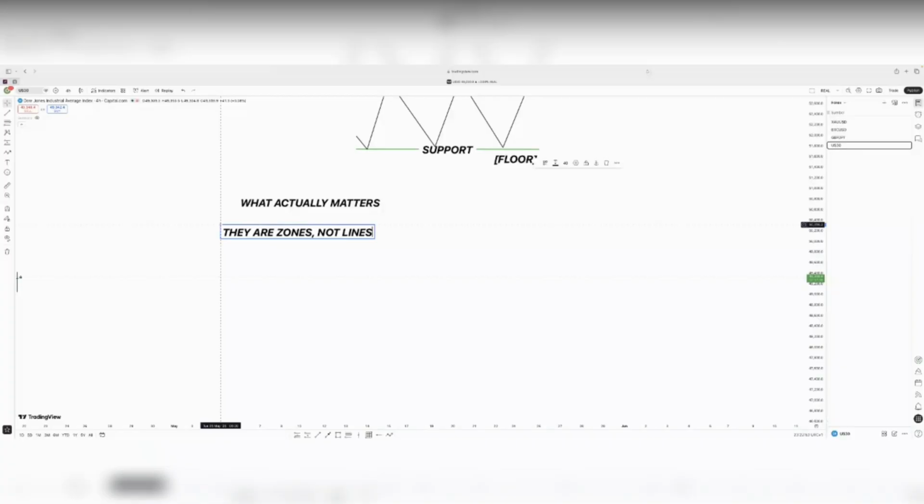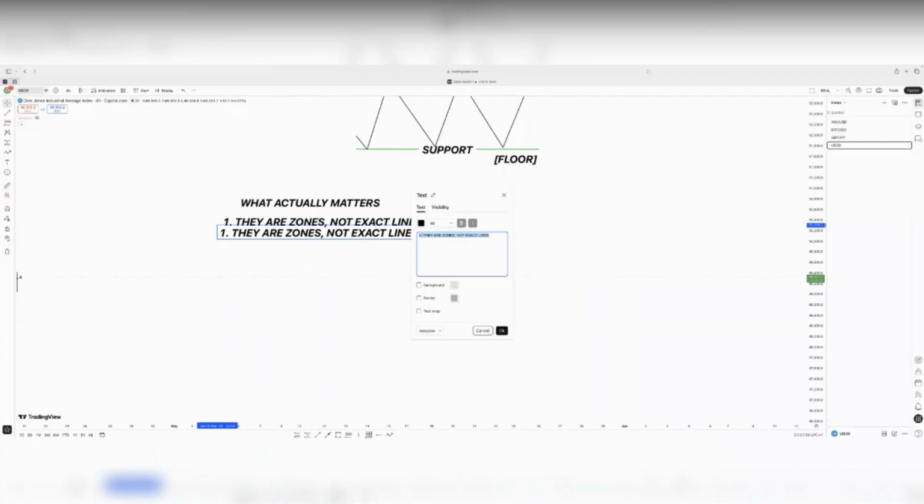They are zones, an area where you expect price to buy from or to sell from. Not an exact line. I hope you are getting this. I hope I'm making sense.